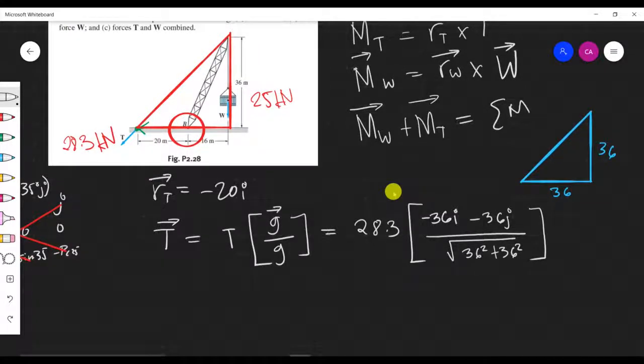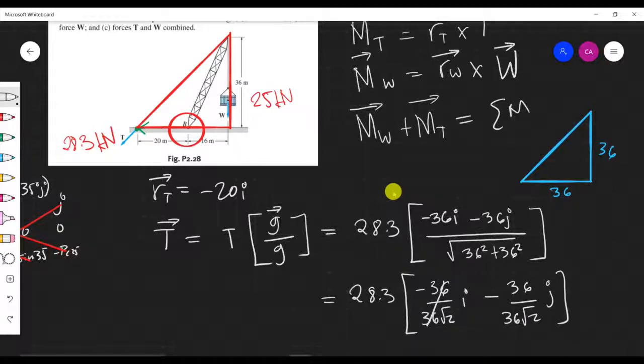Okay? So, ibig sabihin nun, siya ay nakakaranas ng 28.3 times negative 36 over 36 square root of 2 i, cancel yung 36, minus 36 over 36 square root of 2 j, cancel din yung 36.